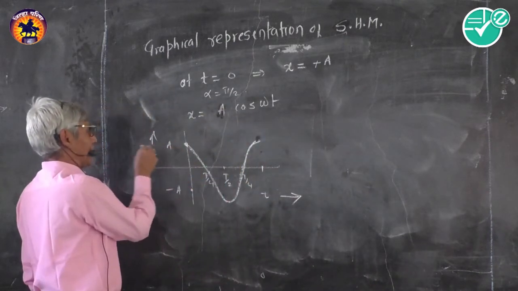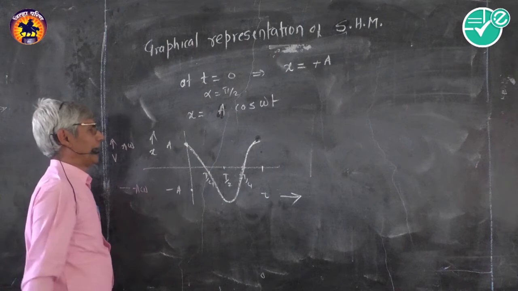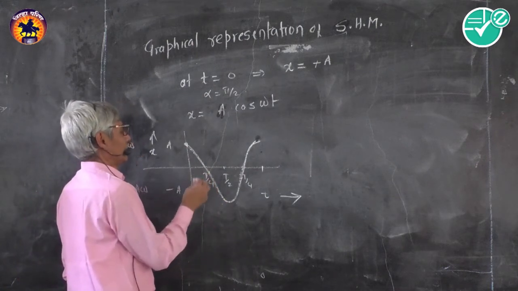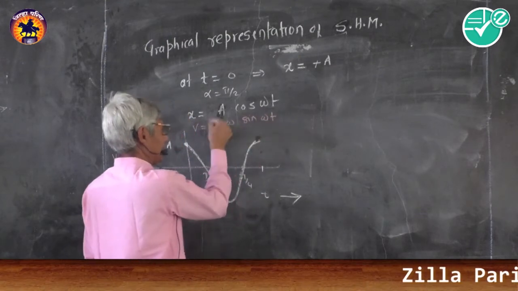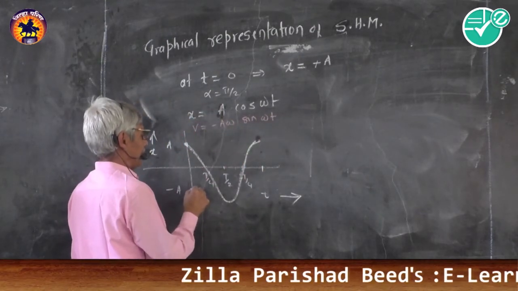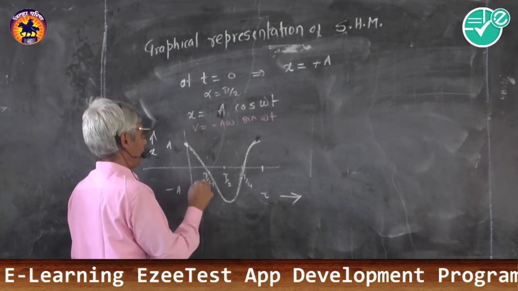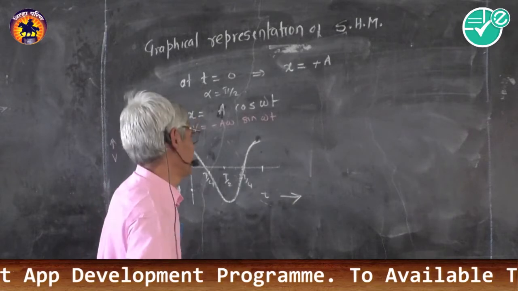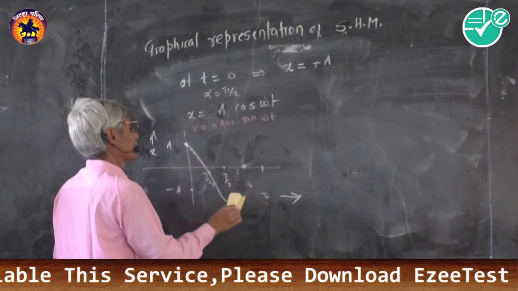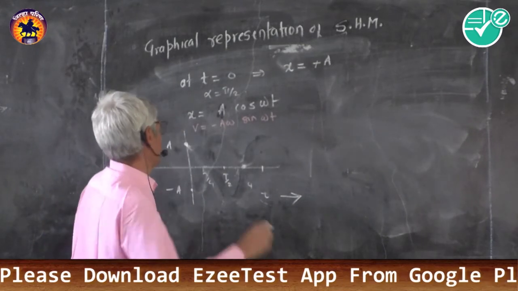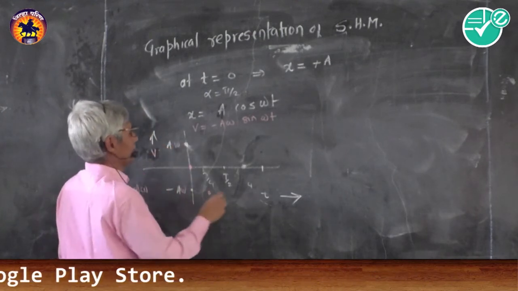If we take these points as a omega and minus a omega for the velocity taken along the y-axis, we can draw another curve for the velocity, v equal to minus a omega sin omega t.